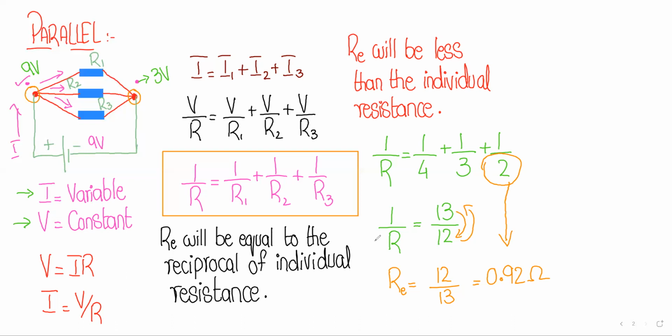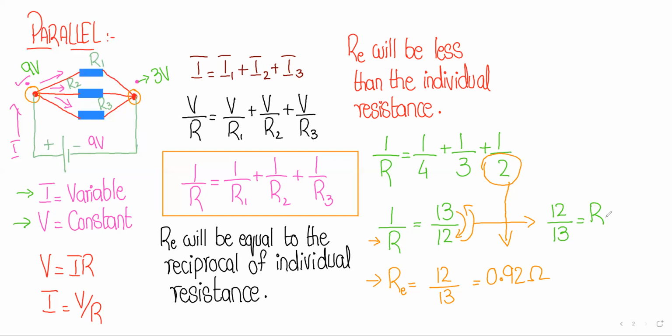Because the resistor is in the denominator, we want the resistor in a single form like a numerator over here. So that's why we reverse the order, or you can cross multiply them. This concept can also be made with the help of cross multiplication. It will be equal to 12 over 13 on the left hand side, and r will be shifted to the right hand side.